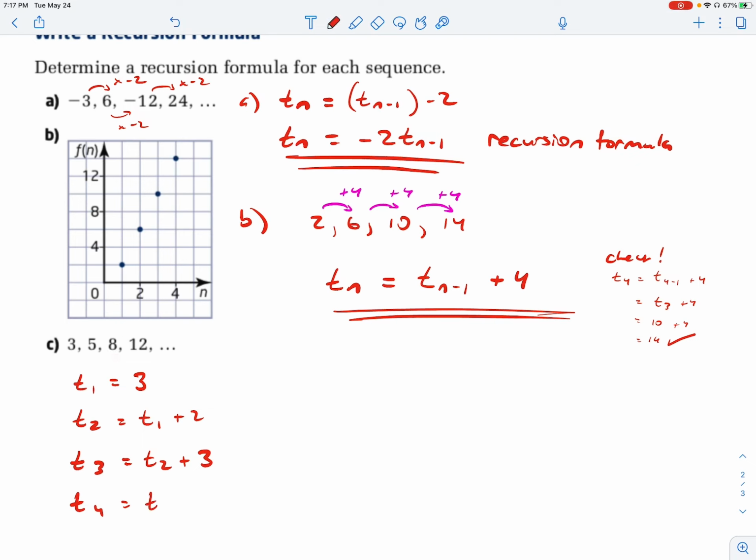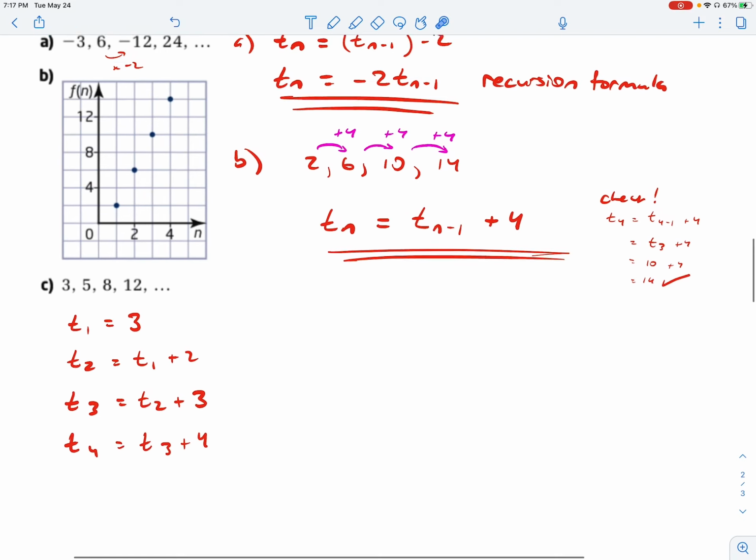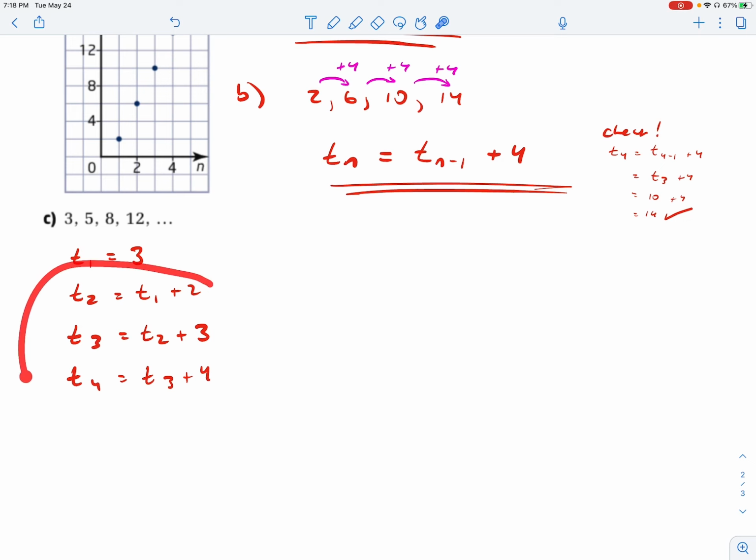So I'm going to write it as T3, the third term, plus 4. Notice you can see a bit of a pattern happening here. We always take the previous term and then we add 2. The next time we add 3. Next time we add 4. It always seems like we're adding one higher than the previous term number.